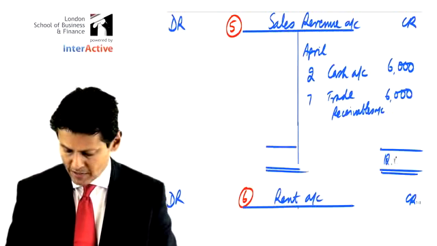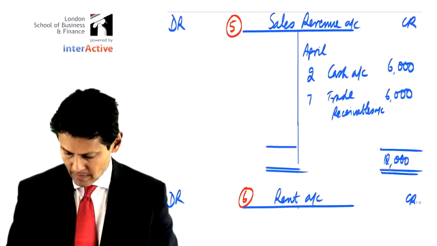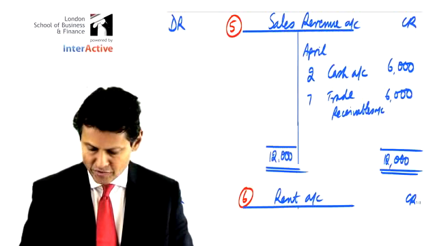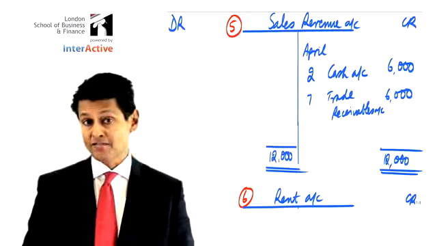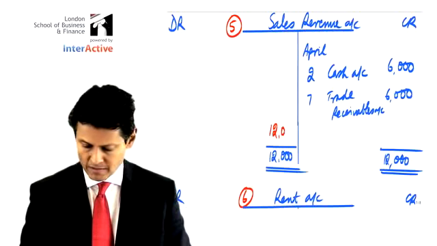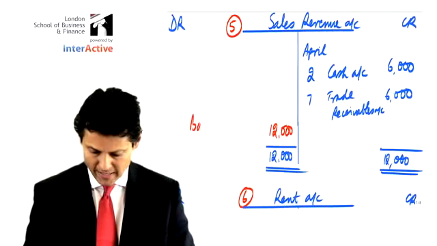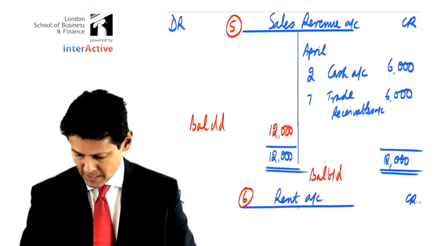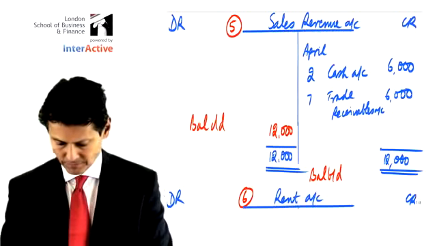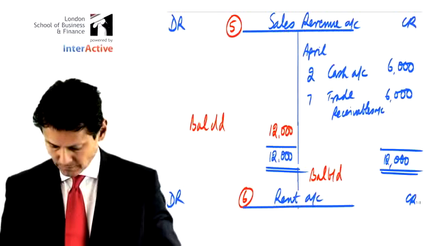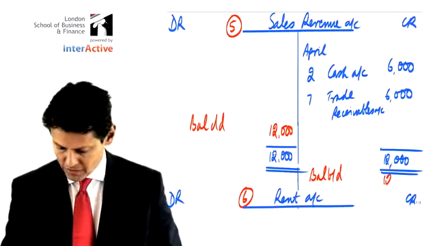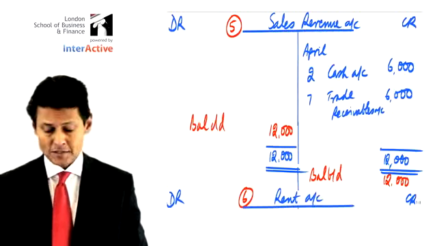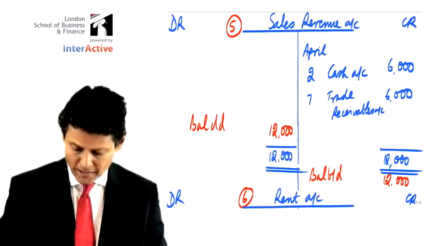We put the 12,000 in here, put the heavier side onto the lighter side, and the difference between the existing lighter side figures and that 12,000 happens to be 12,000 anyway, and that becomes the balance carried down, which of course becomes the balance brought down. Of course, that figure is 12,000. So always leave a little bit of space below the account so that you can see the balance being brought down.